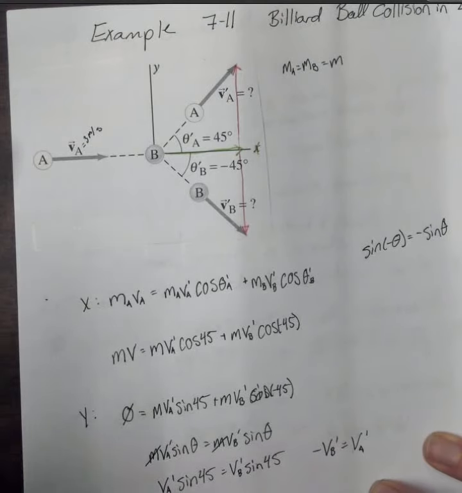So they do have equal speeds, as we guessed at first. For the y direction, they're equal and opposite speeds.